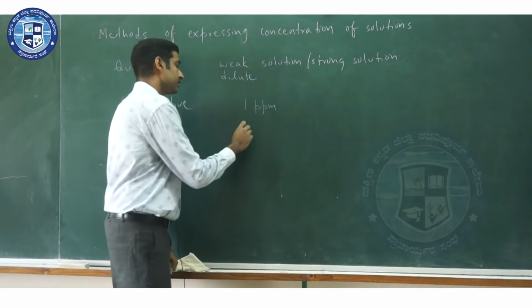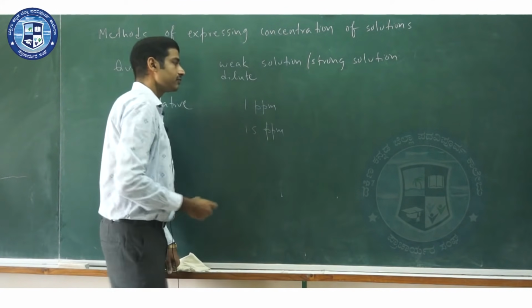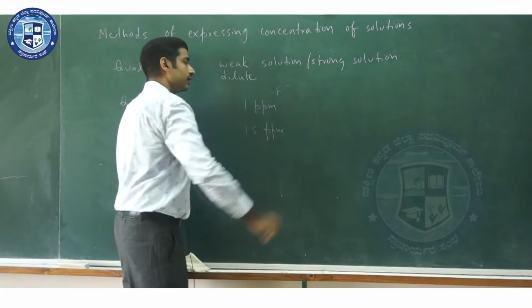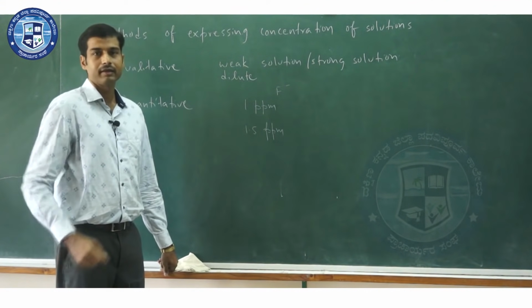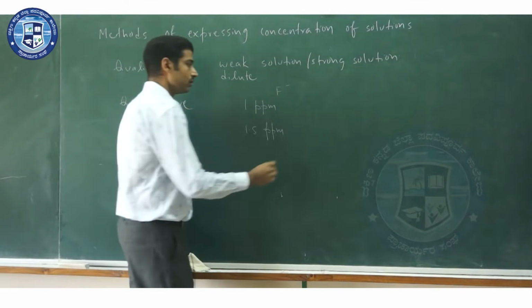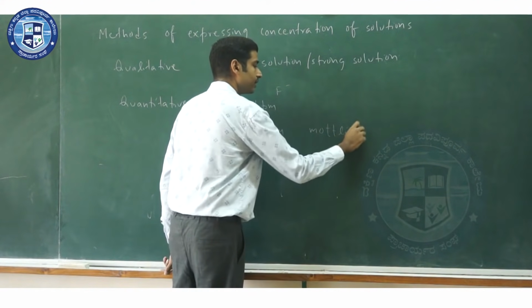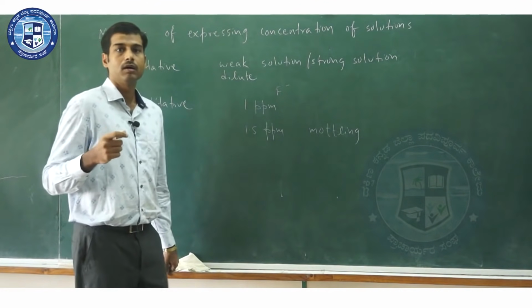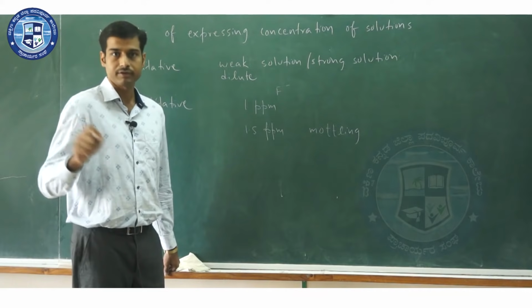But if the concentration is around 1.5 ppm and this much fluoride is present in water, then this might cause mottling of teeth. We say that the teeth become mottled, discolored, it might become brownish.